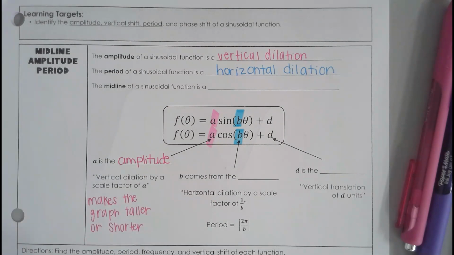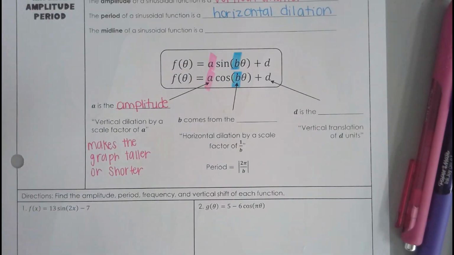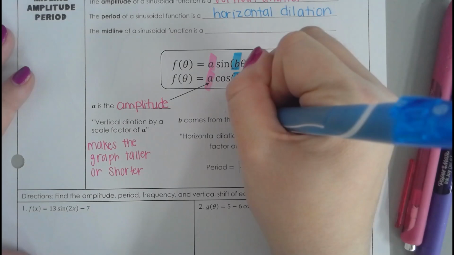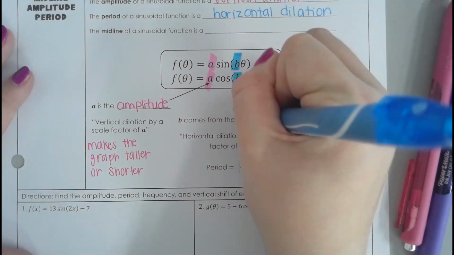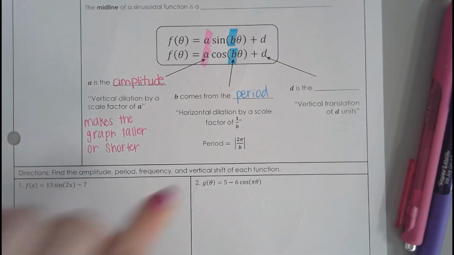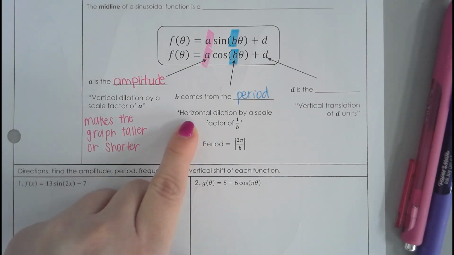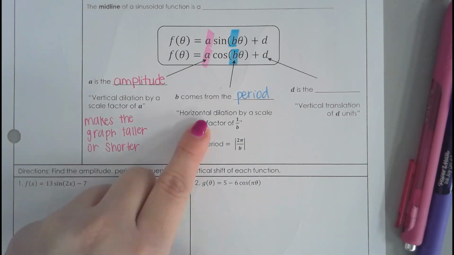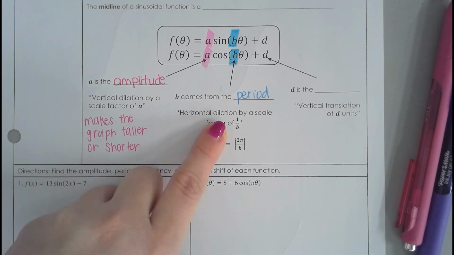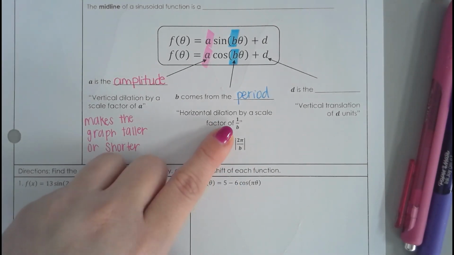The number right by your X is not your period. But the B comes from the period. You get your period from B, but that exact number is not your period. What you do is, first of all, we're saying this is a horizontal dilation by a scale factor of 1 over B.